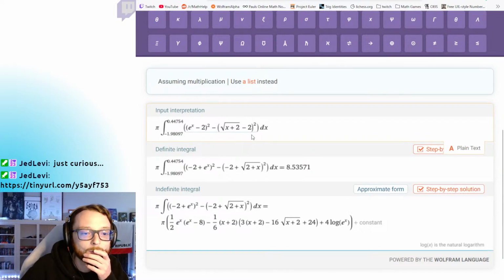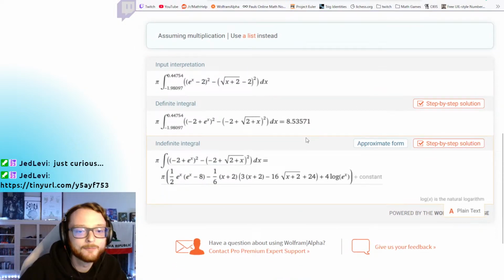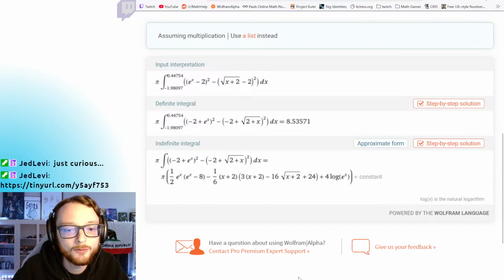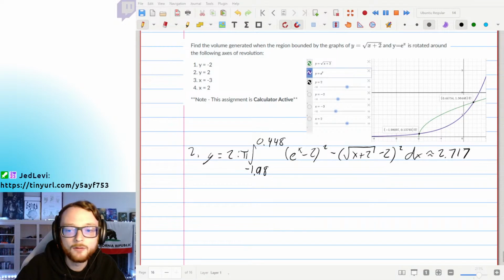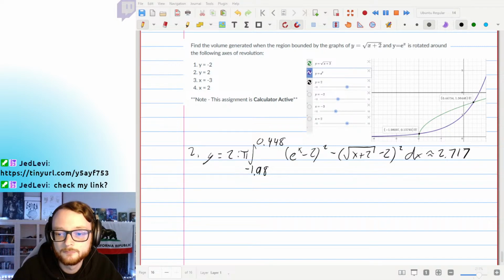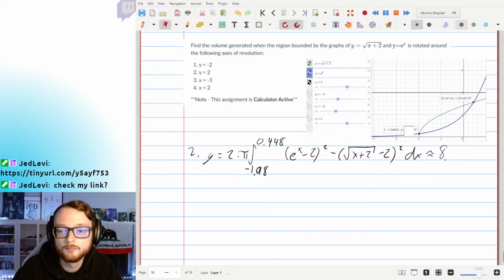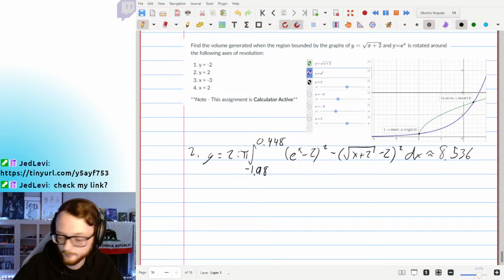Are you kidding me, Wolfram? Oh wait, okay, no, it's right here. 8.536. Is it different than mine?